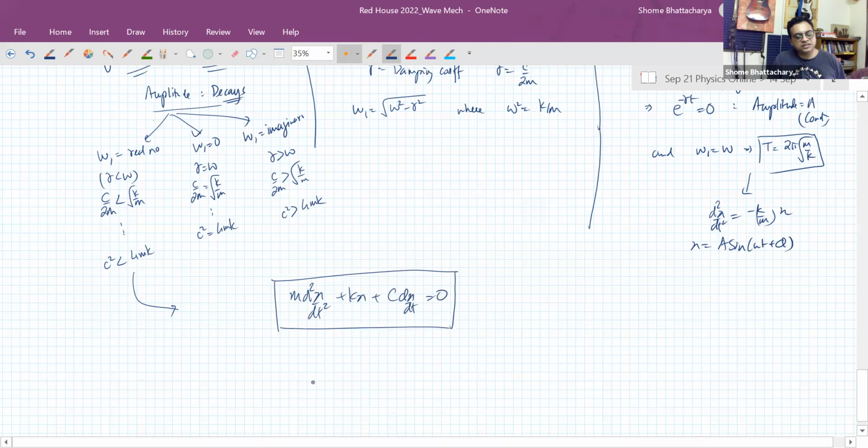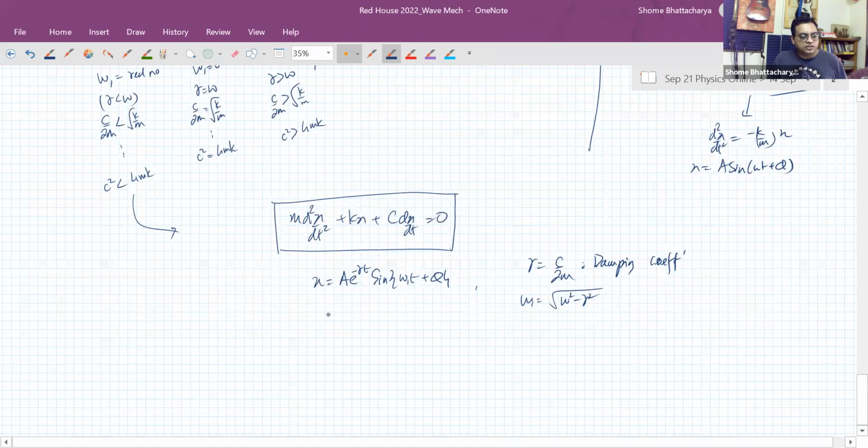This gives us a general solution that x is an exponentially decaying amplitude into a harmonic term sine omega 1 t plus phi. Here gamma is c by 2m, the damping coefficient, and omega 1 is the square root of omega square minus gamma square.